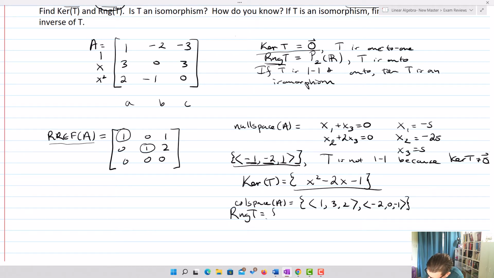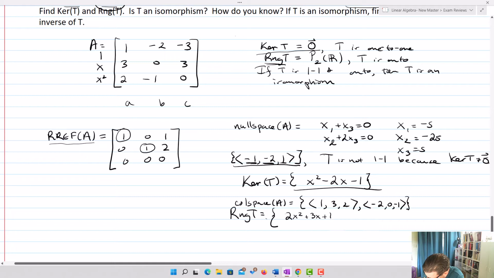So if I rewrite these as polynomials, this is going to be 2x squared plus 3x plus 1, and then negative x squared minus 2. And that's the basis for the range of T.